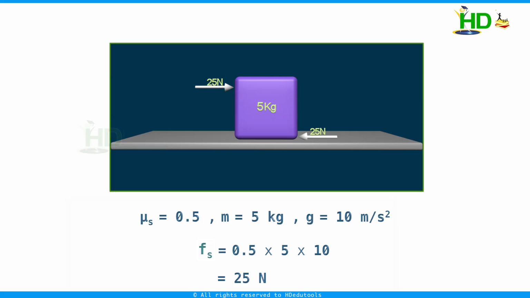That means the static frictional force is a self-adjusting force. You cannot give any particular value for the static frictional force between the surfaces. It depends on the applied force. Now, when you apply a force of 25 Newton or more than 25 Newton, what happens? The body starts sliding.